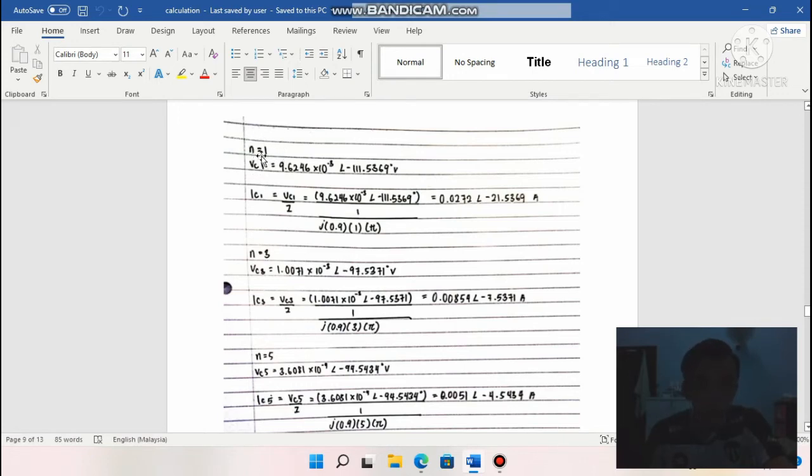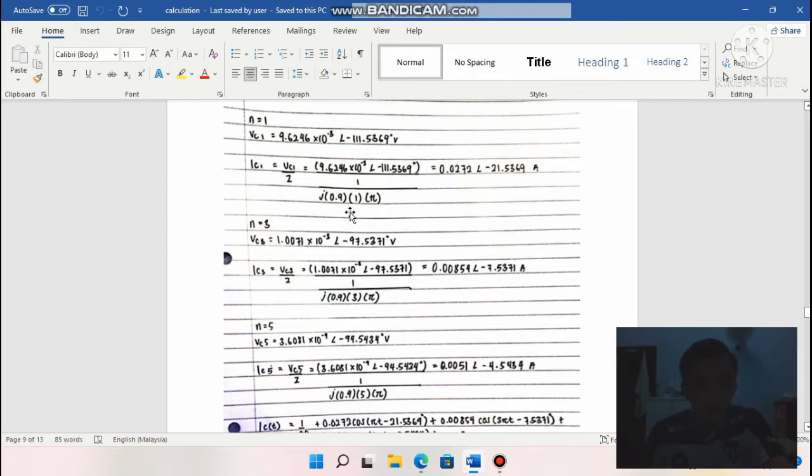So now we present how we calculate the current in the circuit. Firstly, we search for the current at the capacitor. We put N equal to 1, and we use this formula to find current, that is VC divided by impedance. So we will get this answer.